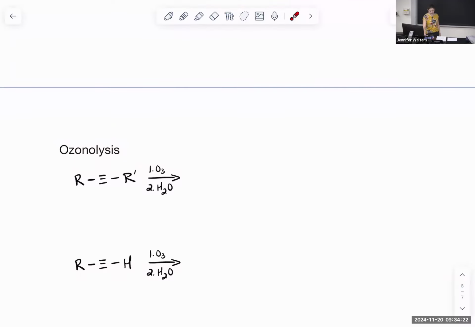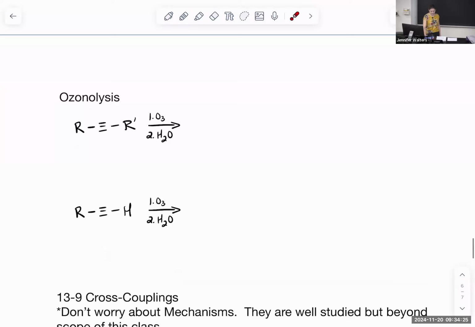Looking at our oxidative cleavage with our ozonolysis, we're going to see the exact same thing. We're still going to do oxidative cleavage. The difference here, though, is that I don't need to have an oxidant in the second step, because the intermediate we're going to make is going to be so unstable, it's just going to keep breaking down and it's going to give our carboxylic acids.